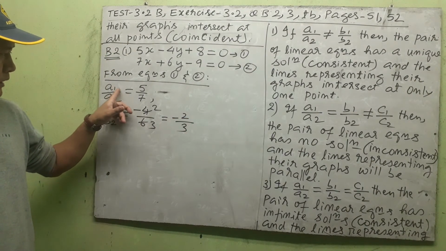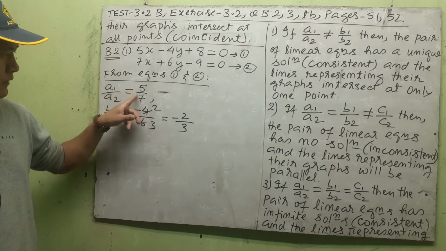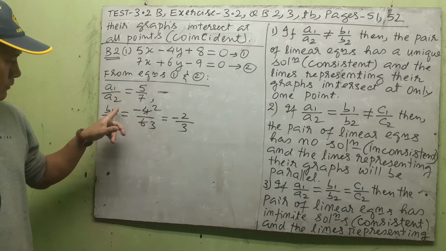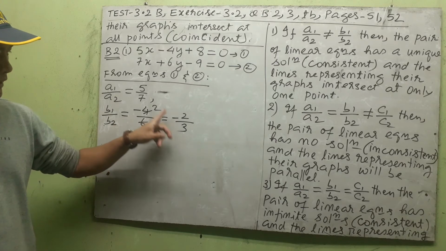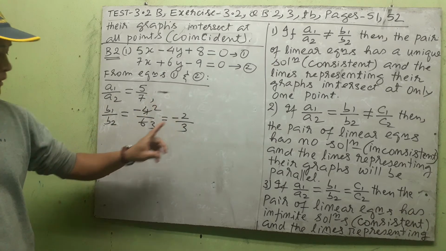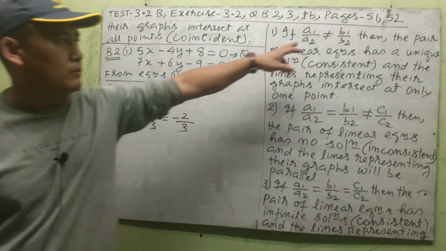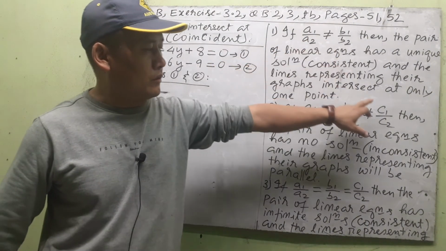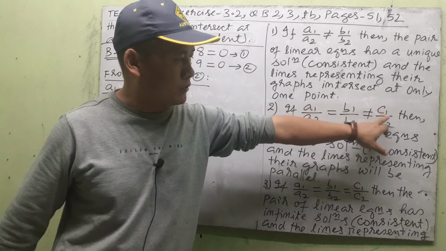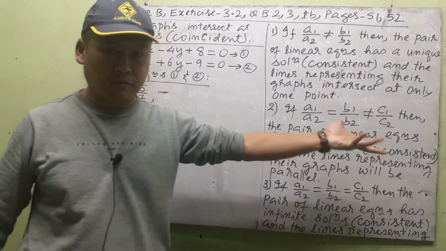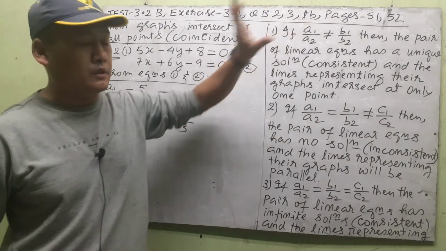Then we notice that A1 by A2 is 5 by 7, B1 by B2 is minus 2 by 3. And clearly they are not equal. So if A1 by A2 is not equal to B1 by B2, it's condition number 1. In such a case, you don't need to bother to find C1 and C2 because we already got the first condition.